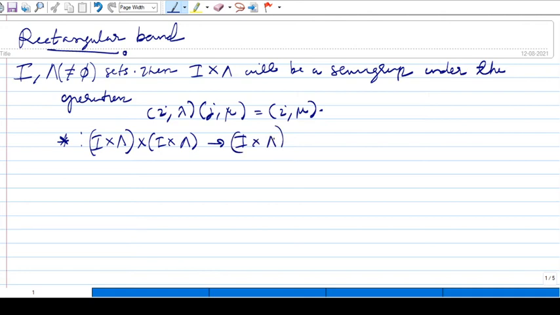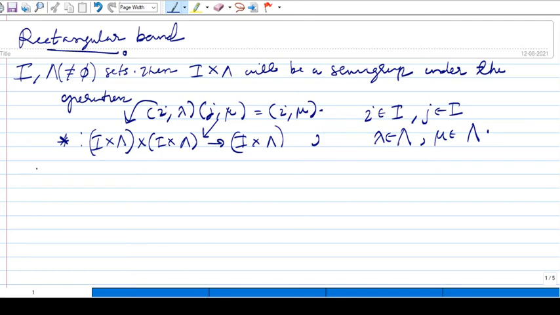That's why each entry is a two-tuple or ordered pair. Here i belongs to I, j belongs to I, λ belongs to Λ, and μ belongs to Λ. If you define the multiplication like this, you can prove that this is an associative operation. That is left as an exercise. It is very easy to check.